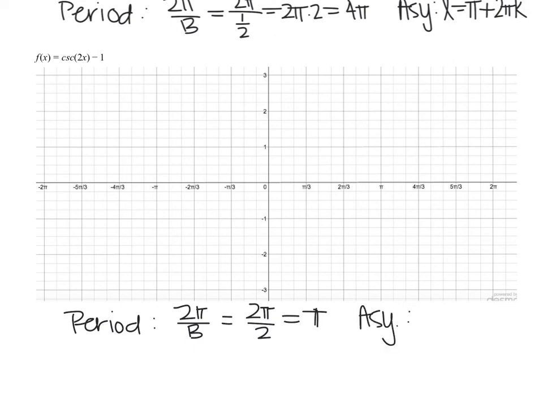Because our period is exactly half of the normal function for cosecant, the asymptotes are going to occur, instead of at multiples of pi, at every multiple of pi over 2.